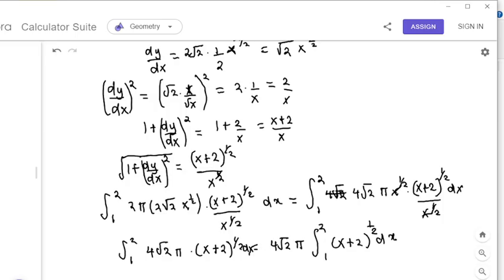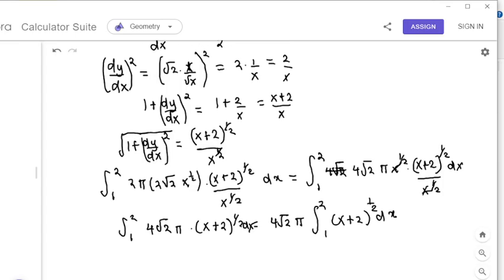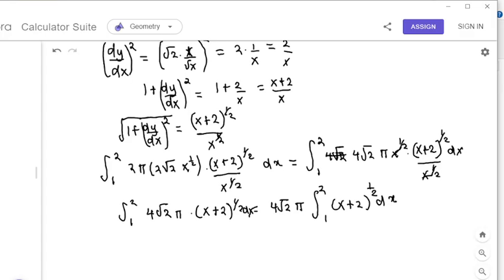Of which we are going to integrate the normal way, though it's a compound function. So we're going to get 4 root 2 pi into (x plus 2) raised to power 3 over 2, because it's a half plus 1, over 3 over 2 times 1.